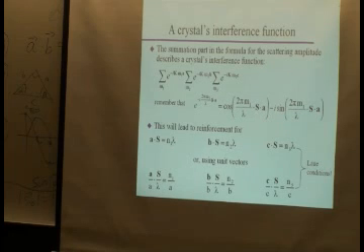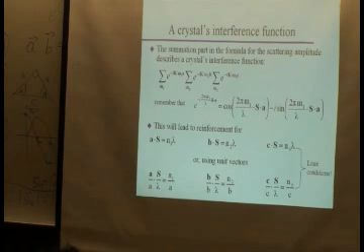Well, it will do so whenever our argument here happens to be an integer times lambda. Because if this is an integer times lambda, then we have 2 pi times an integer times lambda divided by lambda. So that's 2 pi times an integer, last time I checked.